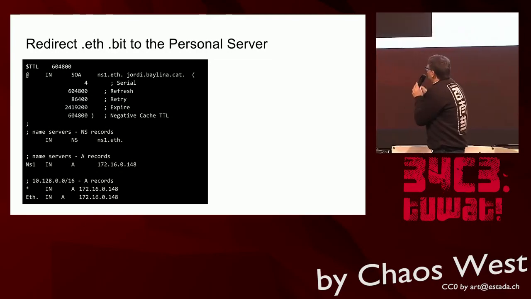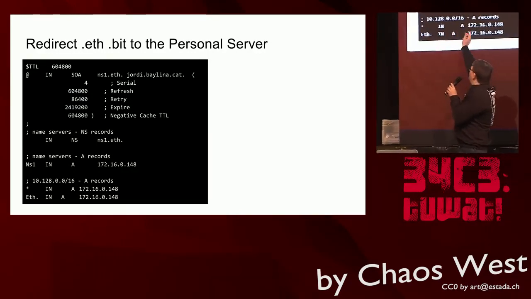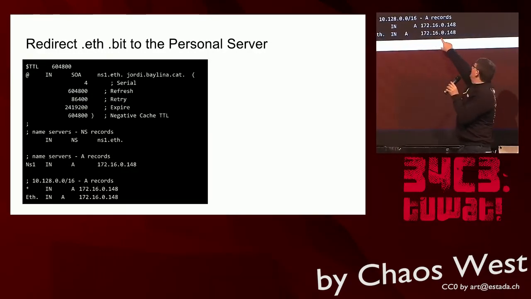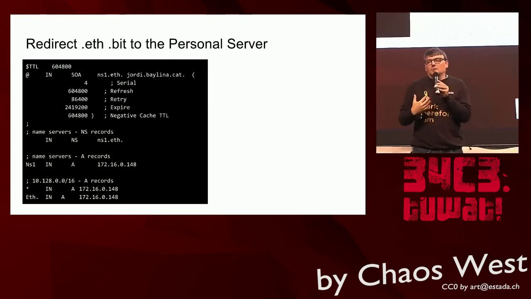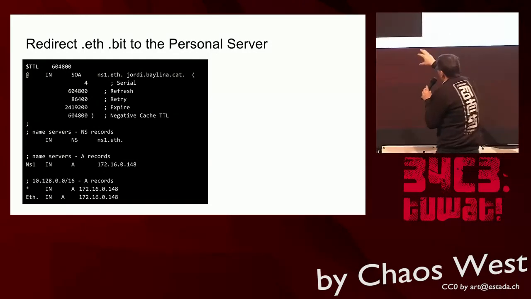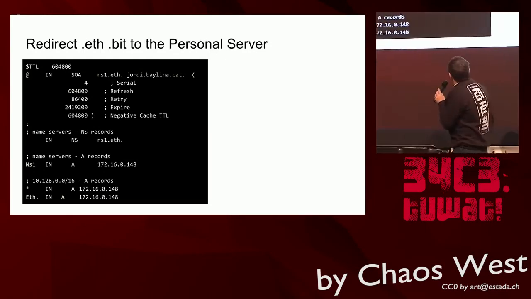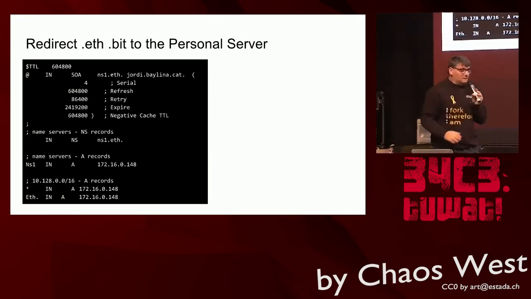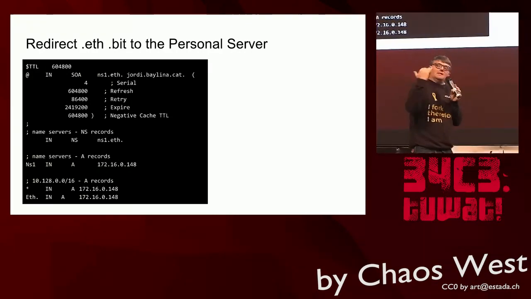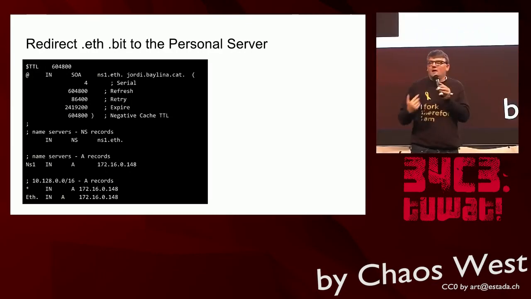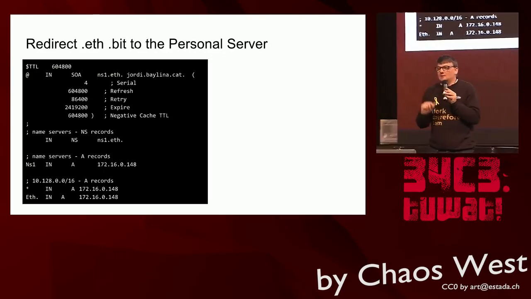The most important line here is this one. We say that everything .eth goes to this private IP, which is actually the address of our server. This is the configuration that we have in the DNS on our server. So when somebody asks for, I don't know, Bailina.eth, it will resolve, and we will ask my server to serve the page for Bailina.eth.